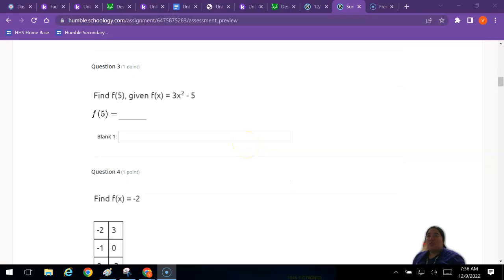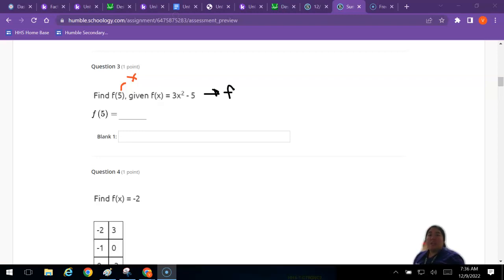If you're writing notes with me, this one says find f of 5 given f of x equals 3x squared minus 5. So what this means is that this is my x value. I just want to rewrite all of this so that it shows the x value that's there. This is called function notation.